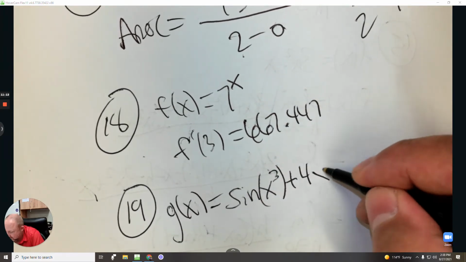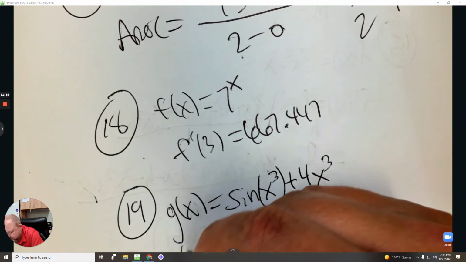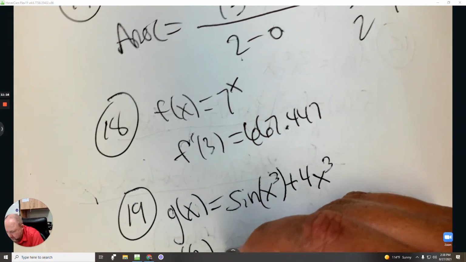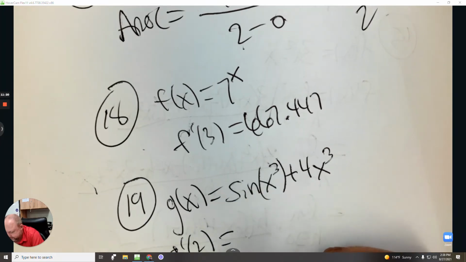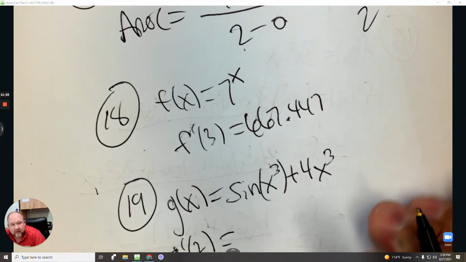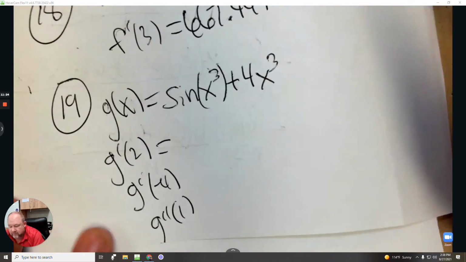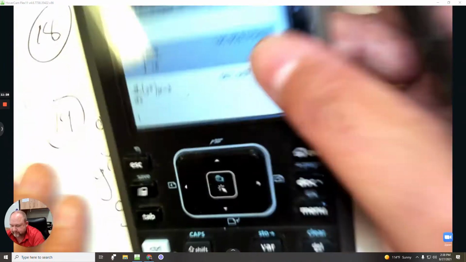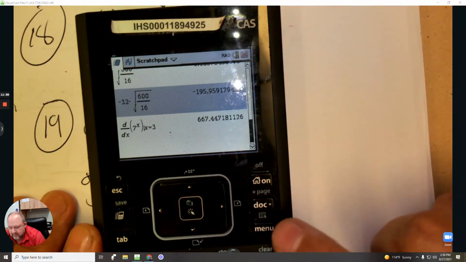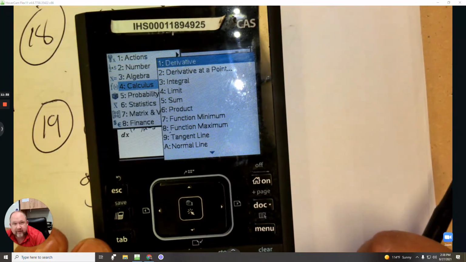Again, use a calculator for this. Let me show you each one. Okay, using a calculator. So first of all, how do you find the derivative at 2? So let's do that. Menu, calculus, derivative at a point.